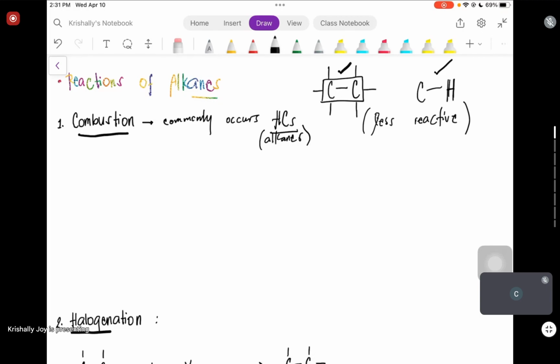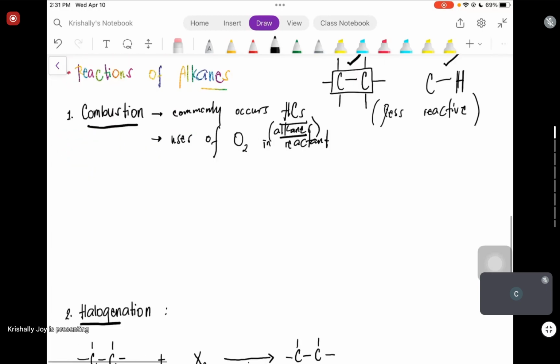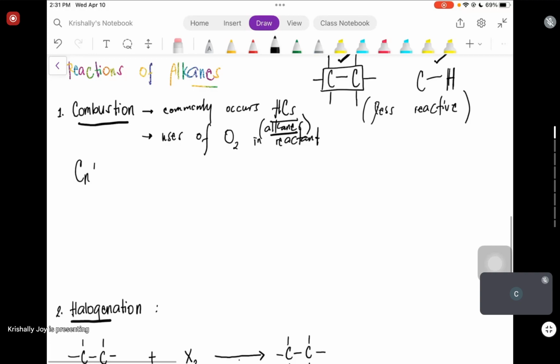Okay? And in the reaction of combustion, it makes use of oxygen in the reactant. For the combustion to proceed, it uses oxygen as a reactant. It will be reacted to the hydrocarbon compounds. Let's recall, di ba, the general formula of alkanes is CnH2n+2.